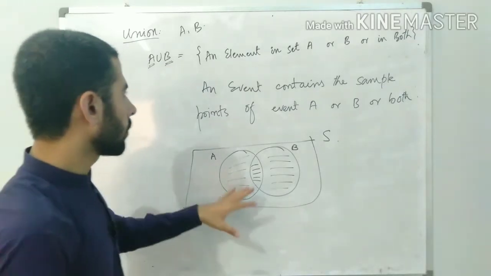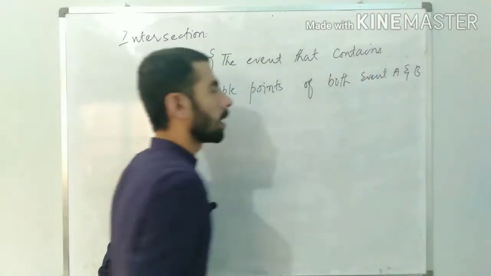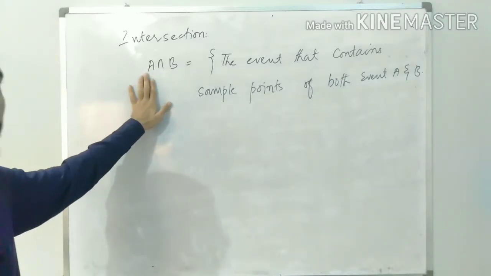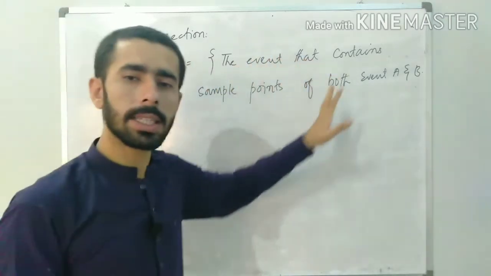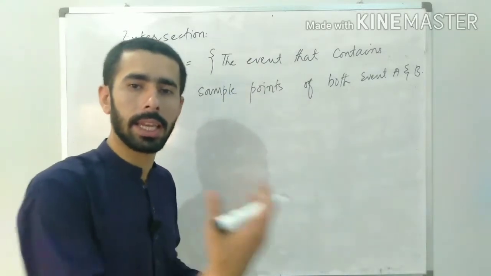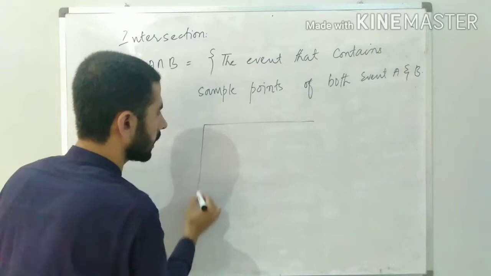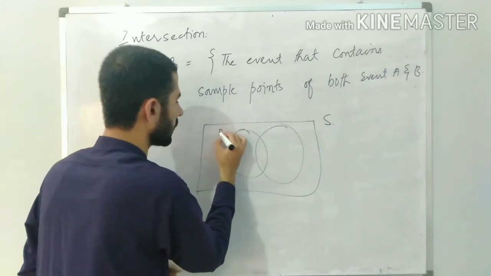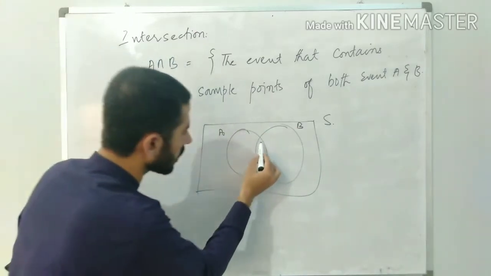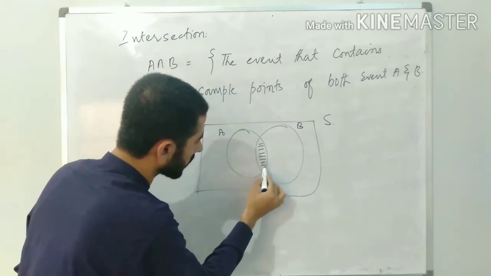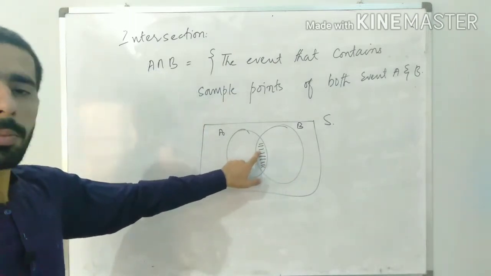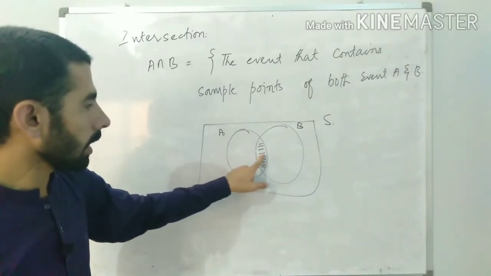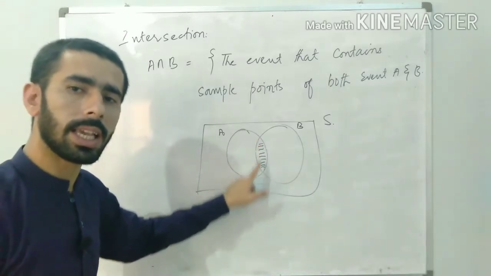Similarly, we define the intersection of events. By intersection, we mean that the intersection of two events is another event that contains the sample points from both events A and B. If this is my sample space, this is event A and this is event B, their intersection is only the sample points, the outcomes, which are part of both events at the same time.